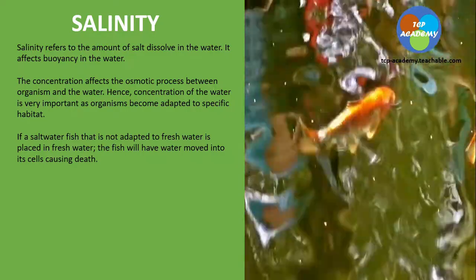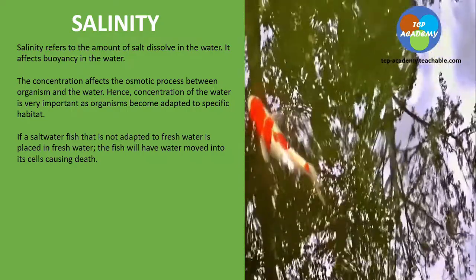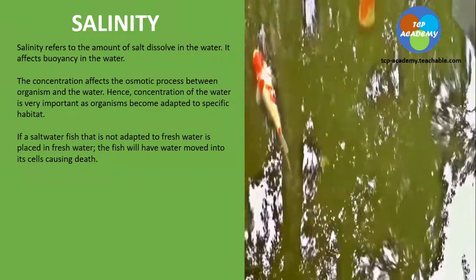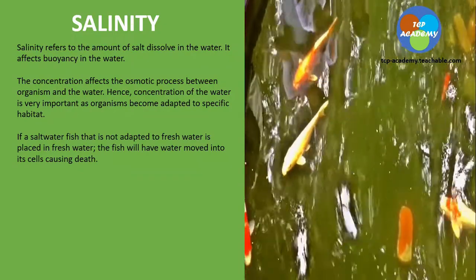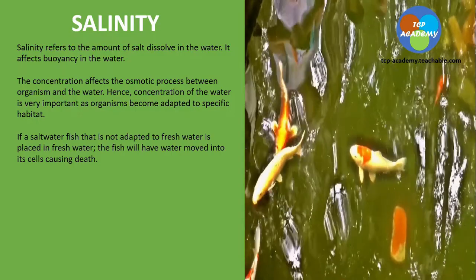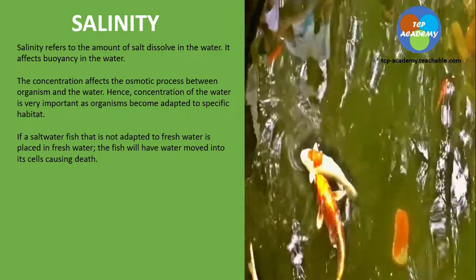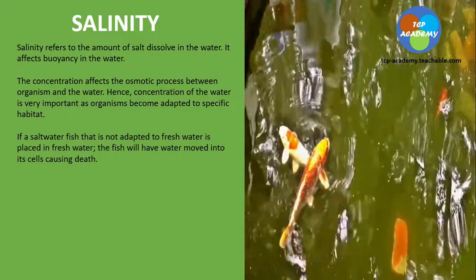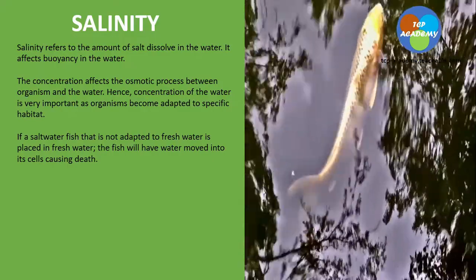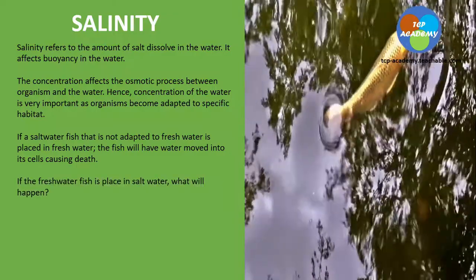Now, if a saltwater fish that is not adapted to fresh water is placed in fresh water, the fish will have water move into its cells, causing the death of such a fish.